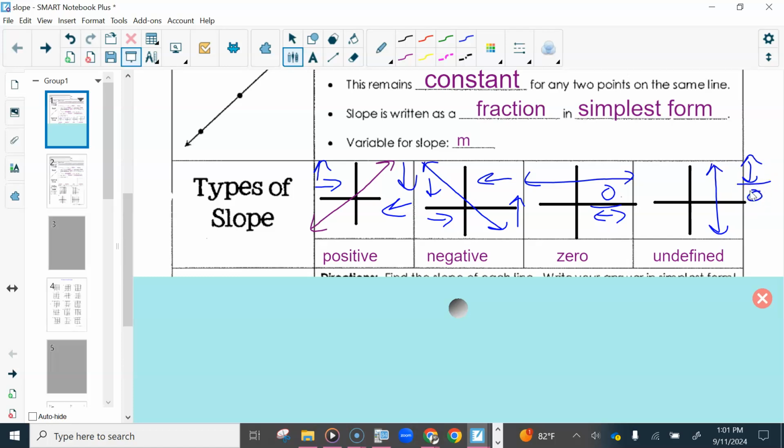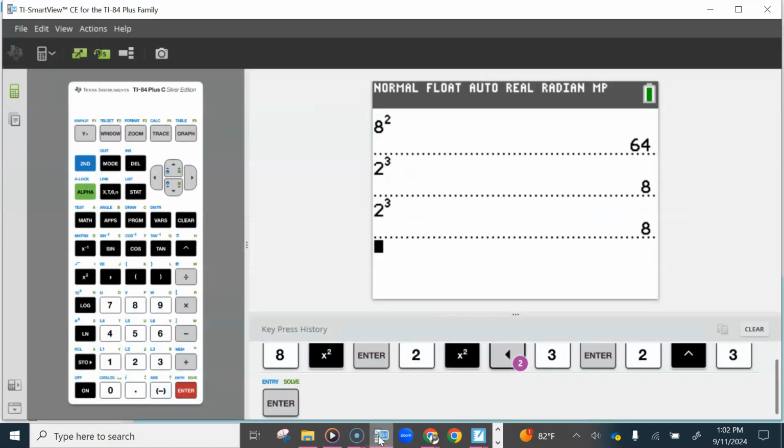Pick a number, whatever number you want, your favorite number, put it in the calculator, divide by 0. What happens?